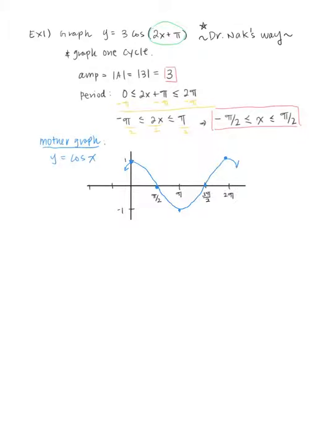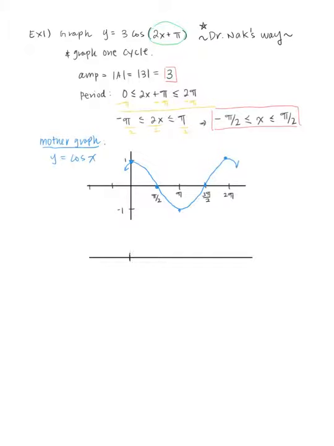Now let me draw another graph directly below, and we're going to shift the intervals a little bit. Let me do the same thing as what we did before. Instead of starting from 0, that 0 point on the mother graph is going to become negative pi over 2.